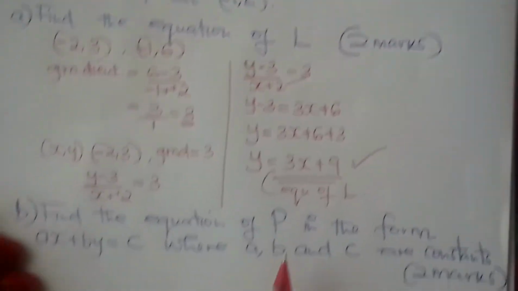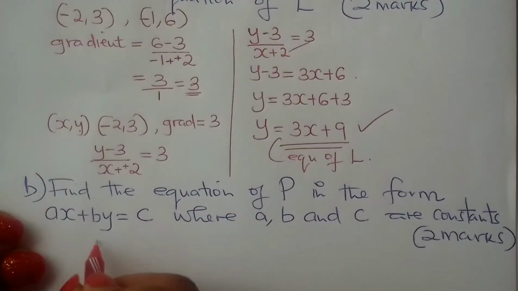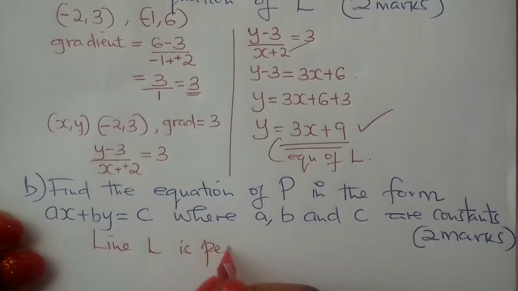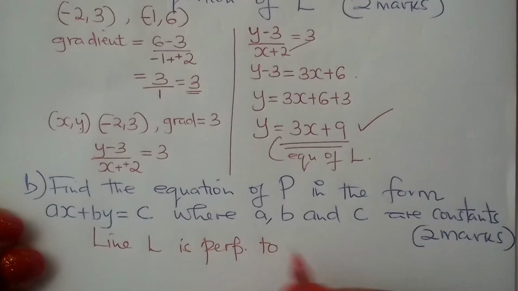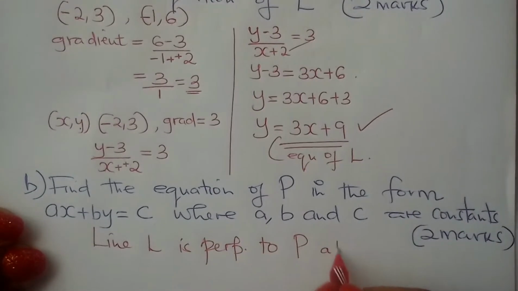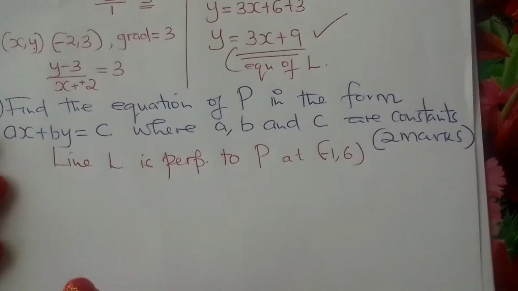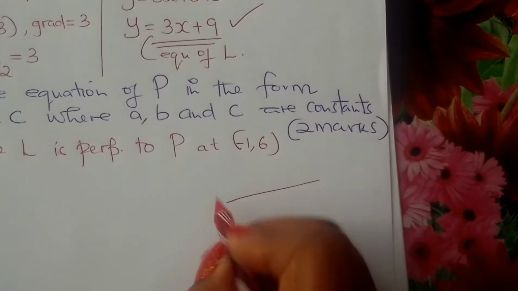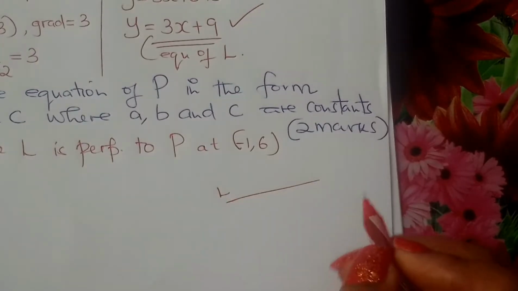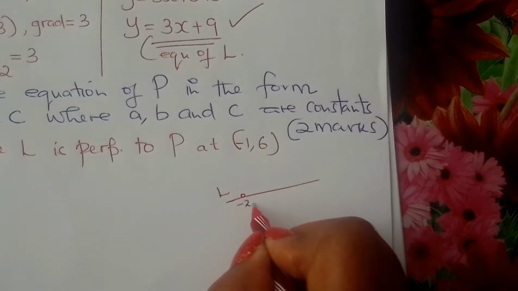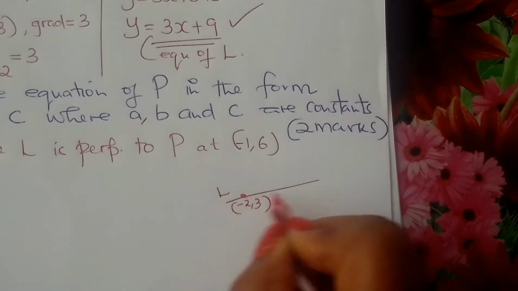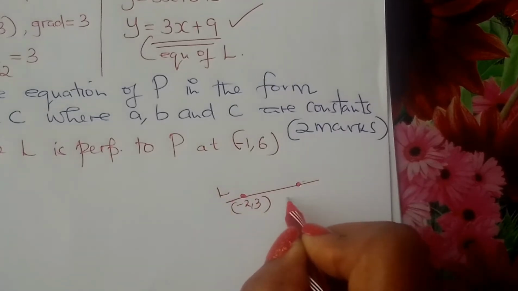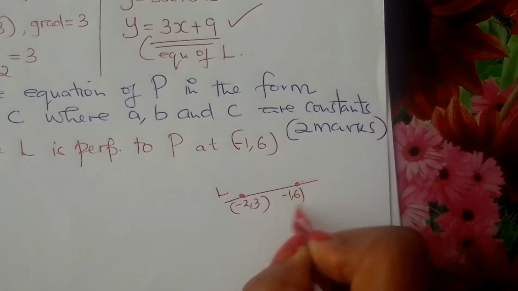Here we can write in short that line L is perpendicular to P at -1, 6. If I were to draw a small diagram, line L is passing through -2, 3 and it is also passing through -1, 6.